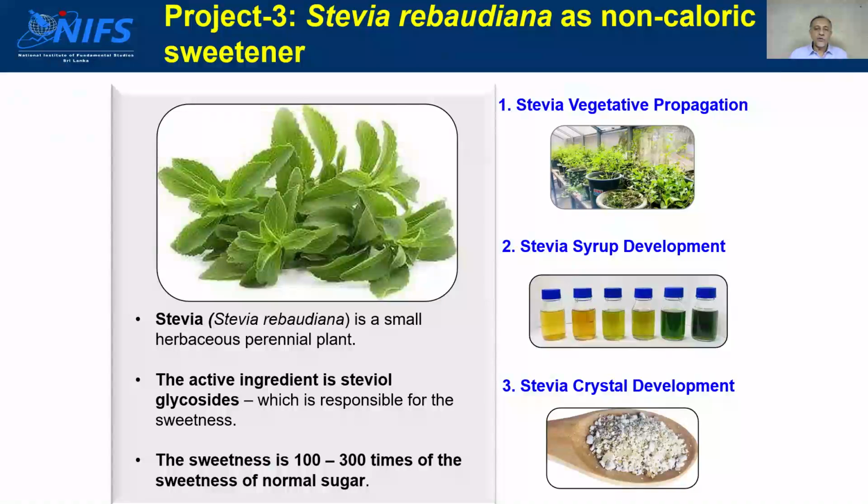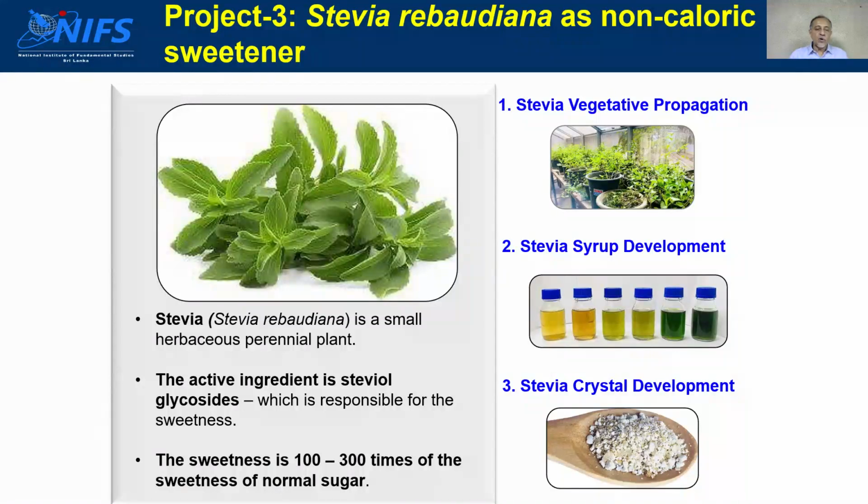Now I would like to focus my attention on project 3, Stevia rebaudiana as a non-caloric sweetener. This plant is very important, especially when we consider the growing number of chronic diseases like diabetes.